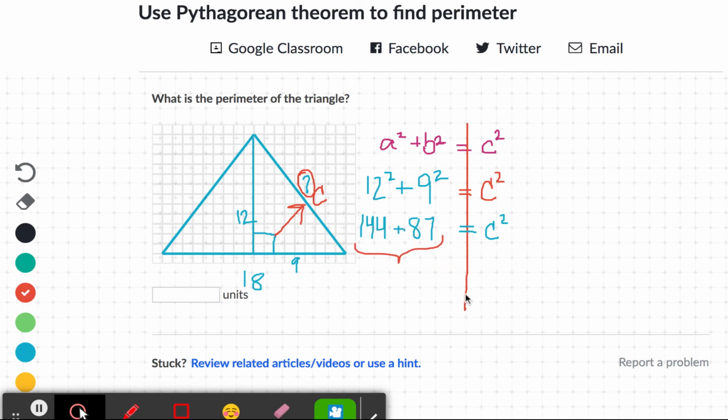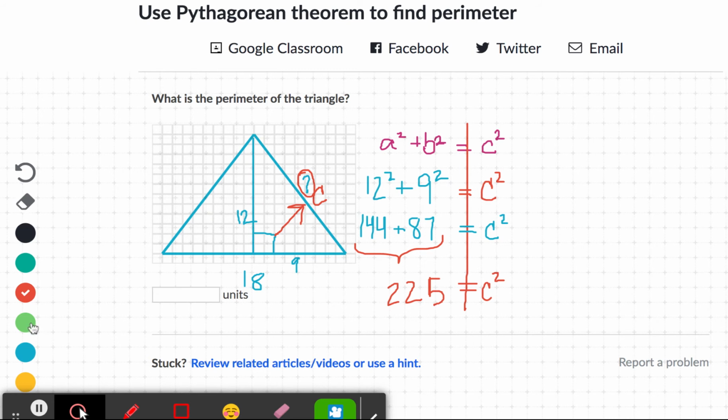So I'm going to add this up. I'm going to combine these like terms, and I get 5. Oops, that's a 5. Pretend it's 5. 225 equals c squared.